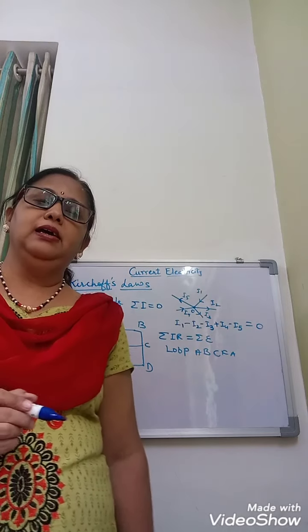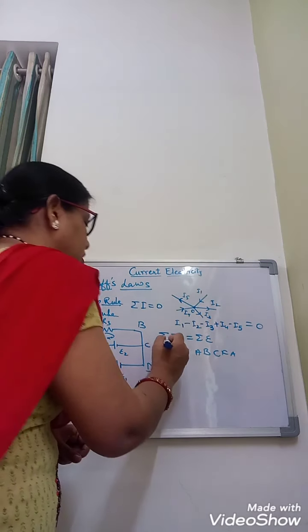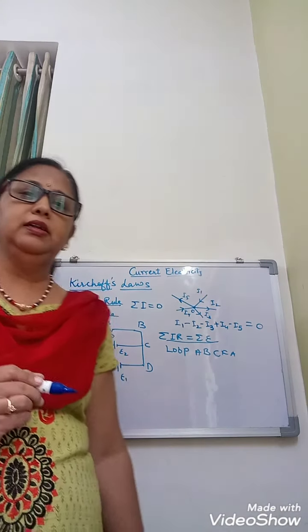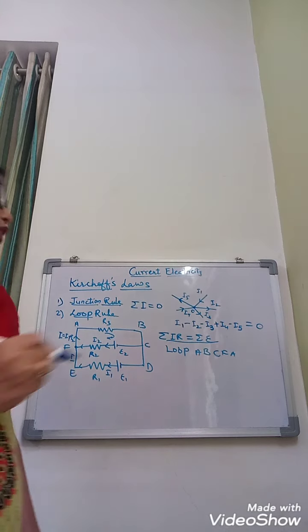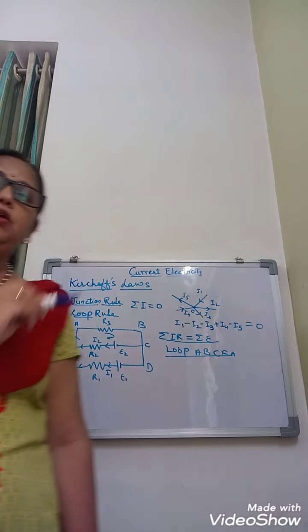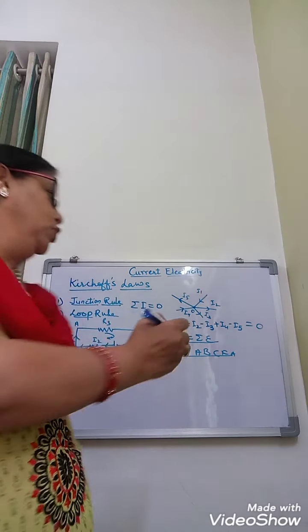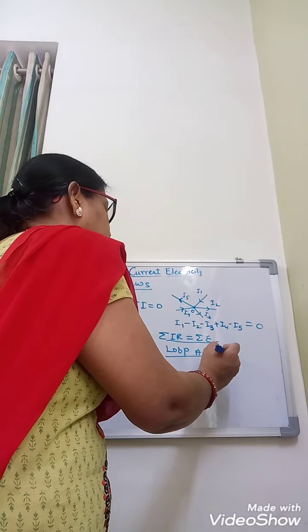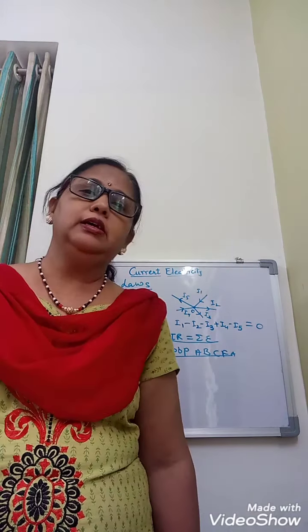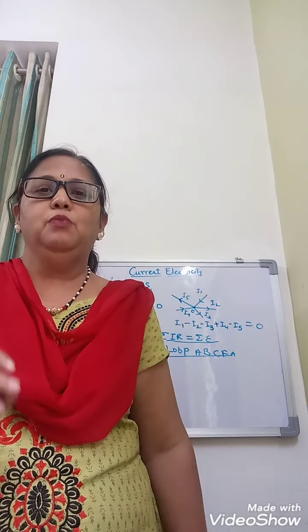So let us apply the loop rule. Algebraic sum of EMF is equal to algebraic sum of product of current and resistance. For this, we have to use the sign convention that if we are traveling in the direction of our loop, whatever loop we have taken, in this direction, then all the currents and resistance will be taken as positive.